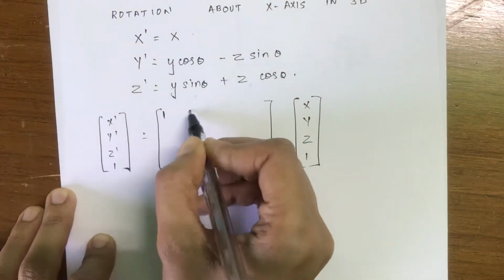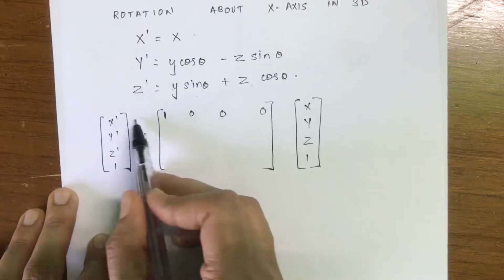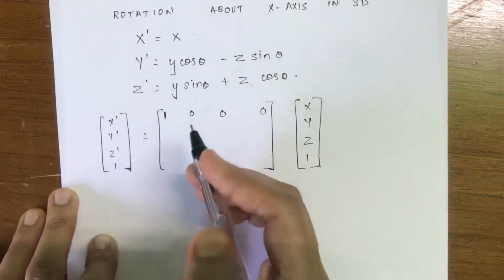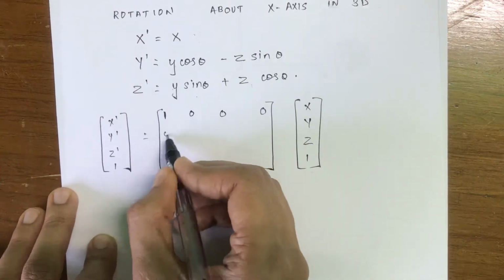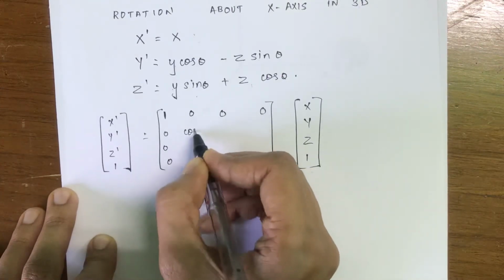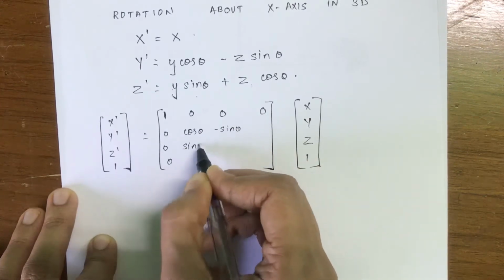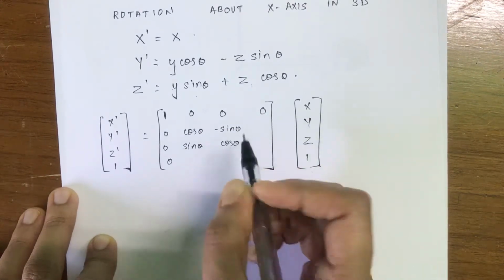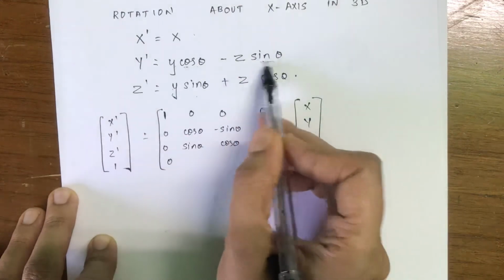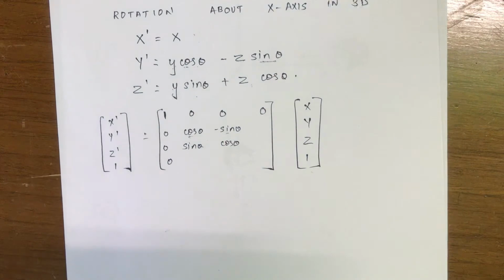So 1, 0, 0, because we are performing a rotation about the x axis, x will remain as it is. The y axis will be cos theta, minus sin theta, cos theta. I am doing nothing but simply picking these values and placing them at the position of y and z.